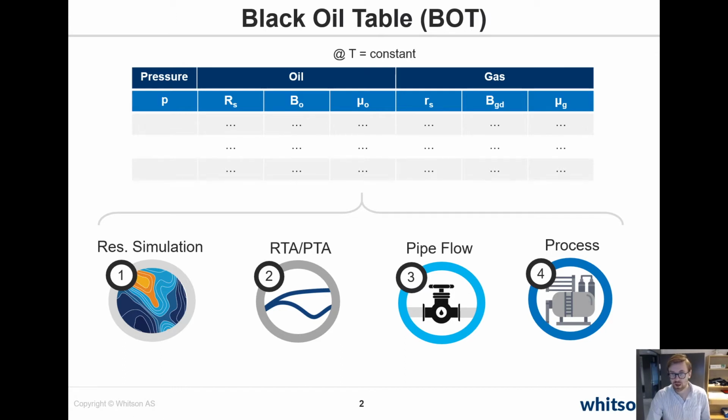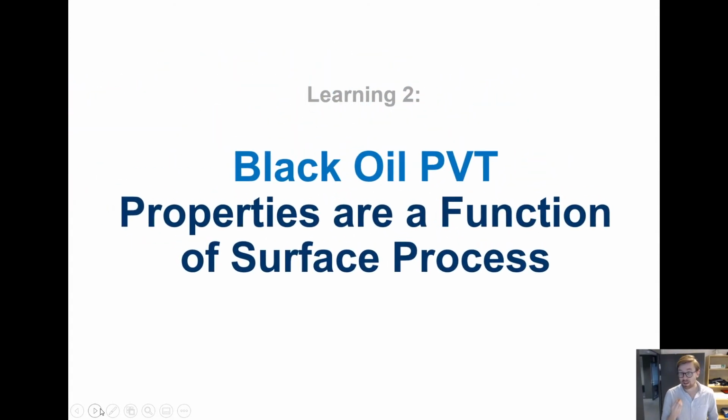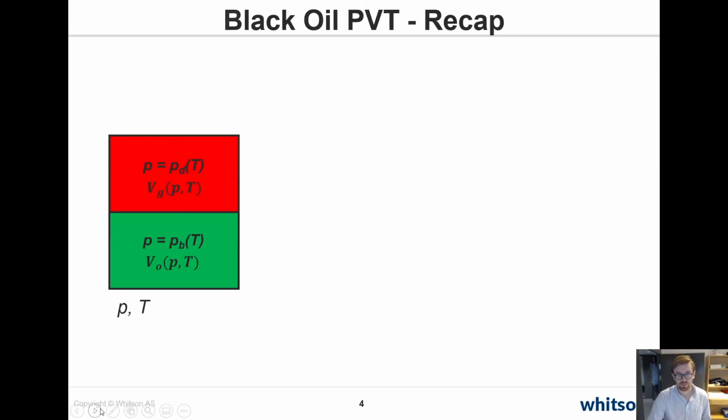The other thing that we talked a lot about in that course, and that also got emphasized in the exercises, is that black oil PVT properties are a function of the surface process. That's typically the number of separator stages and the conditions of each of the stages, and that's if we ignore viscosity.